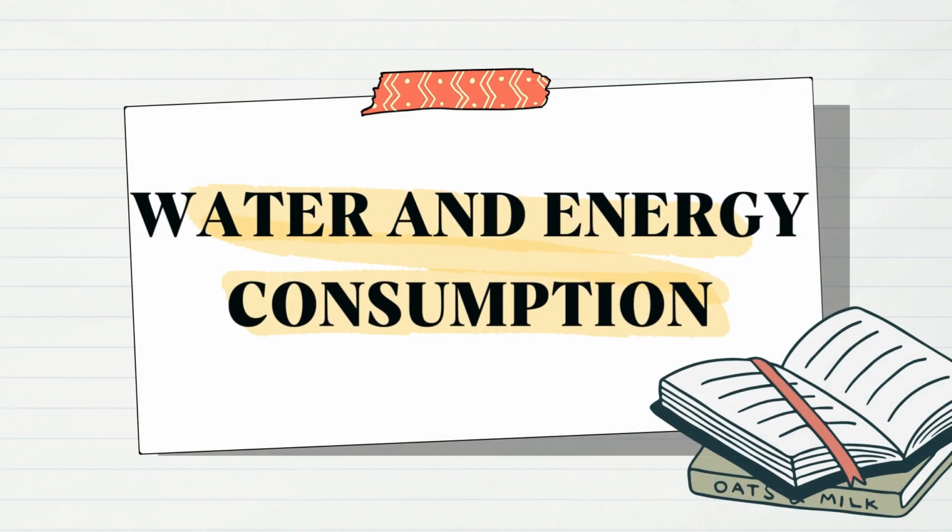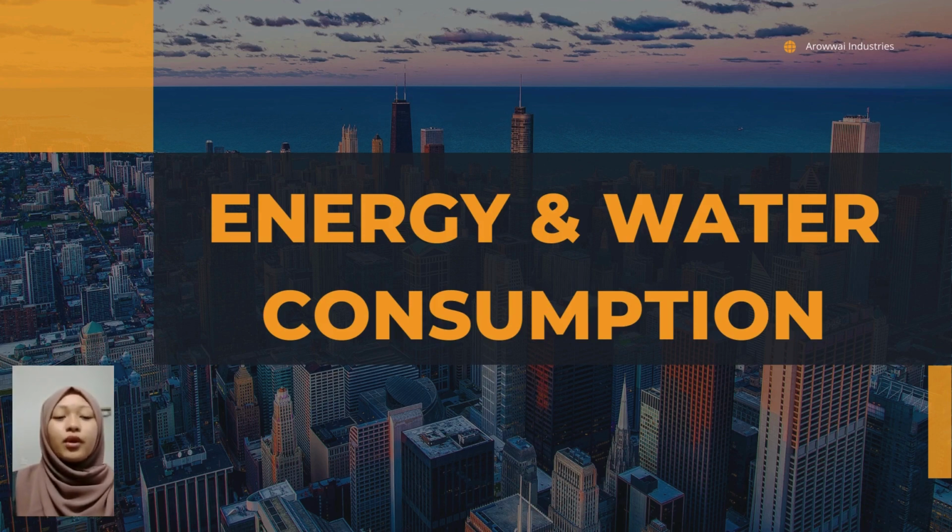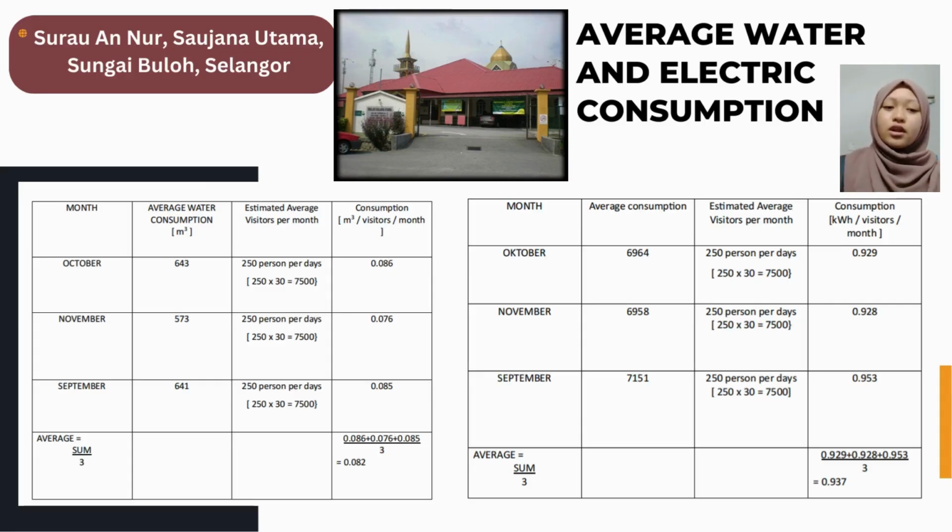In this assignment, we are required to find two prior buildings and do research on the average water and energy consumption per person per month. In Surau An-Nur, Sarjana Utama, Sungai Buloh, Selangor, the average monthly water consumption is 82 liters, while the average monthly electricity consumption is 0.972 kilowatt-hour.